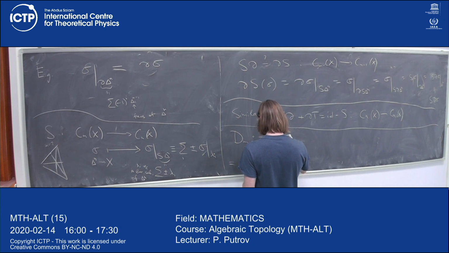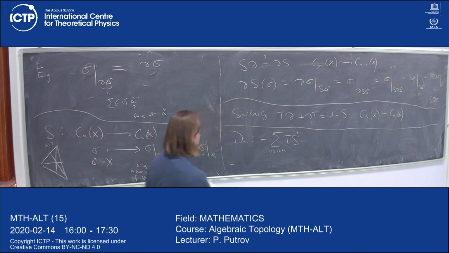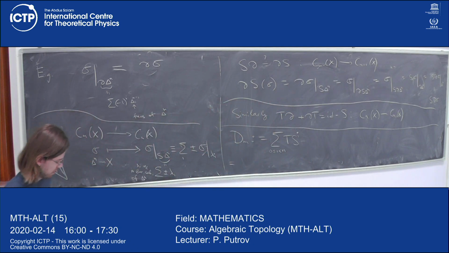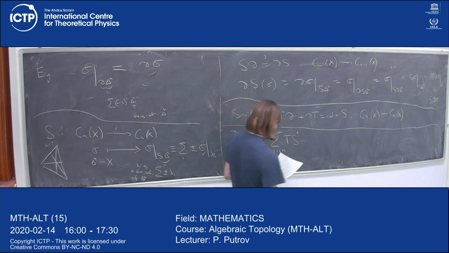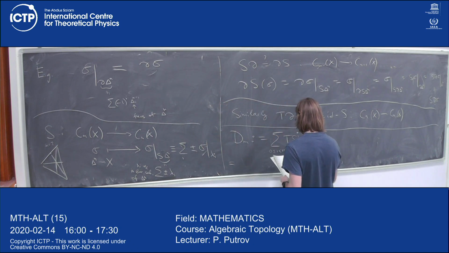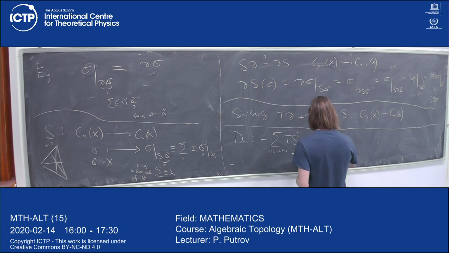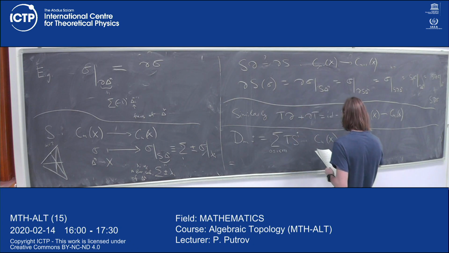let me define the following iterator D_m. It's the following sum of compositions. So this will be a homomorphism from Cn of x to Cn plus 1 of x.